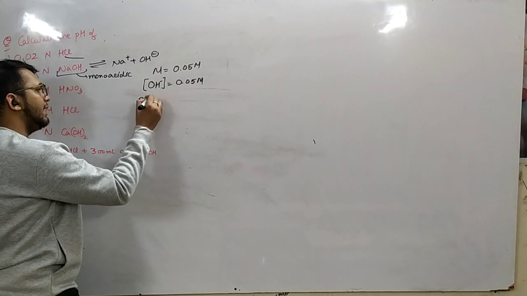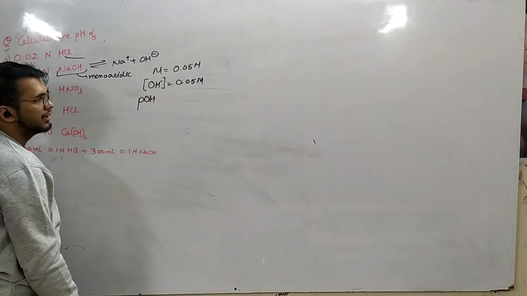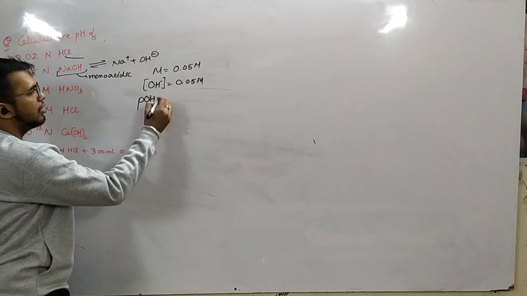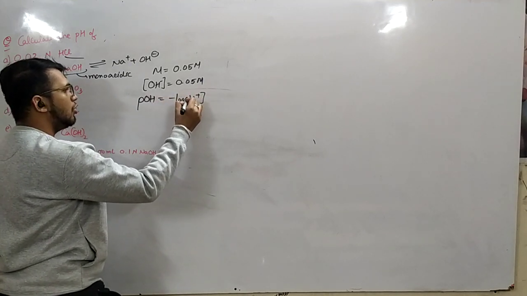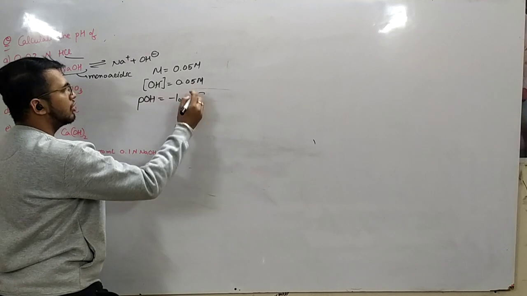So now here we will get pOH, not pH. We will get pOH is minus log of the OH negative ion concentration.